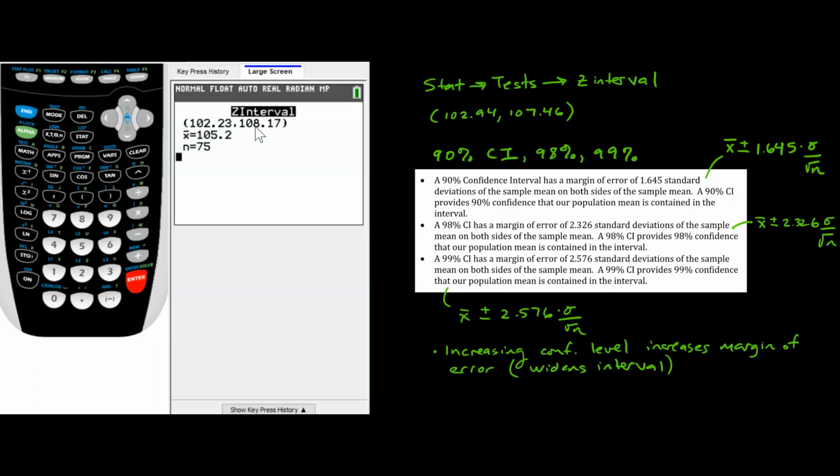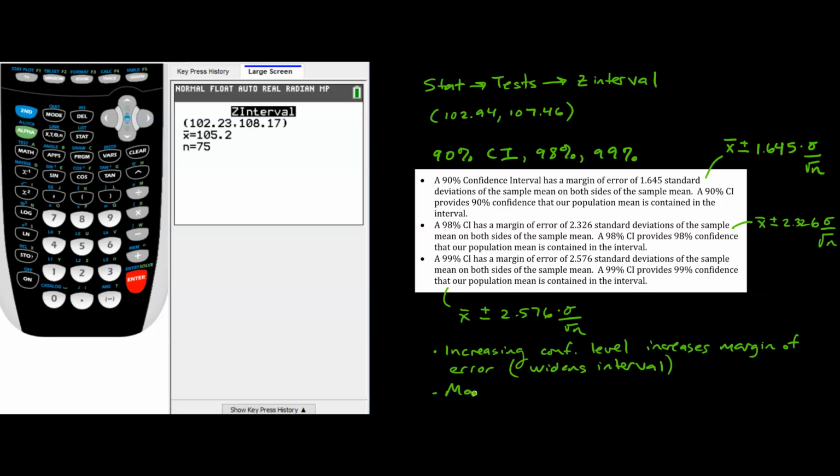So please know that in the calculator you can find margins of error by saying one endpoint of that interval minus the point estimate, or you could say the point estimate minus the low endpoint of the interval. So I'll just add that right here.